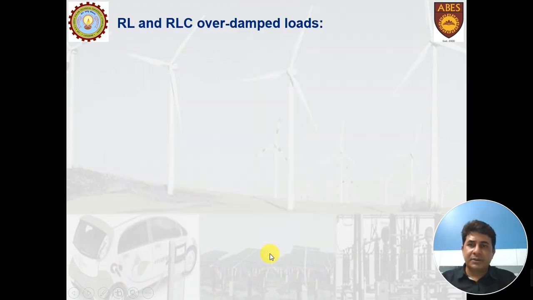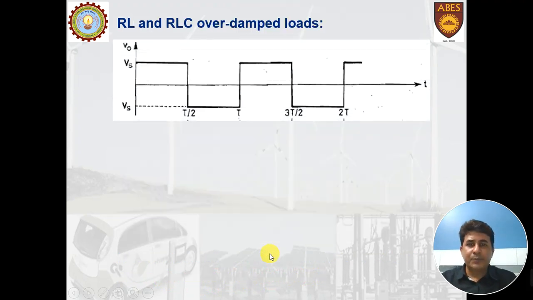However, the load is generally not R. Let us see how the output current becomes if the load is RL or RLC overdamped. Now for this voltage, since I said if the load changes, the voltage waveform shall remain the same.